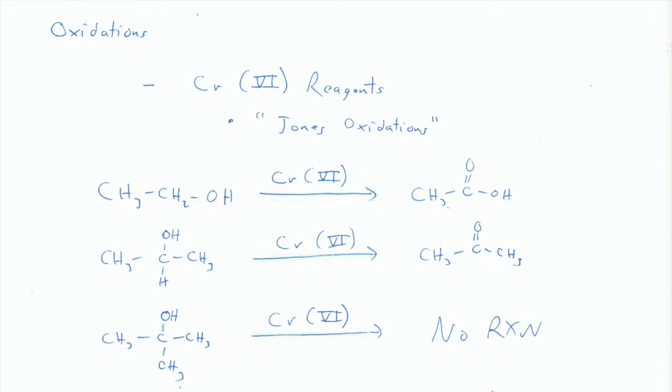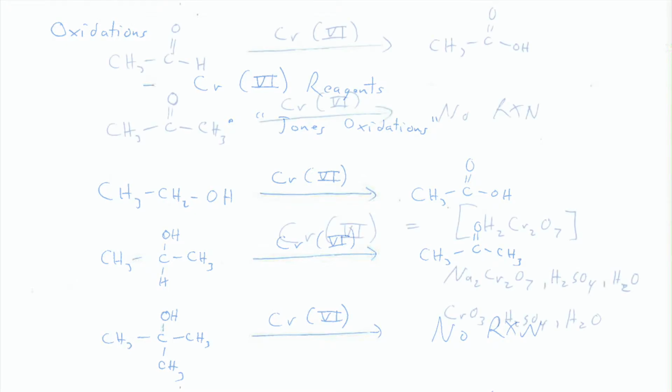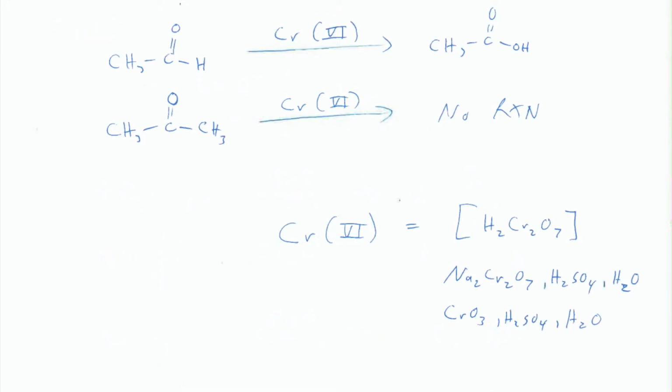This does mean that other functional groups other than alcohols can in fact be oxidized with chromium-6 reagents. For example, an aldehyde. An aldehyde, the functionalized carbon still has a hydrogen on it, right? And what I just told you was that these Jones oxidations are going to oxidize the functionality as many times as there are hydrogens attached to it.